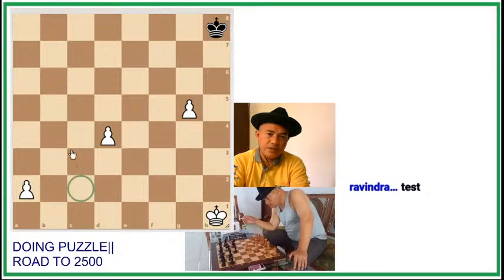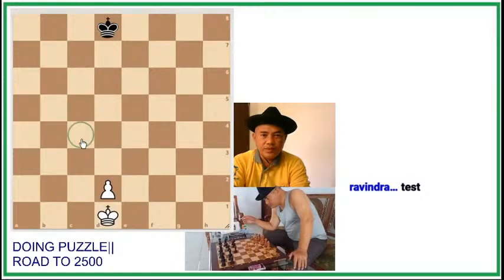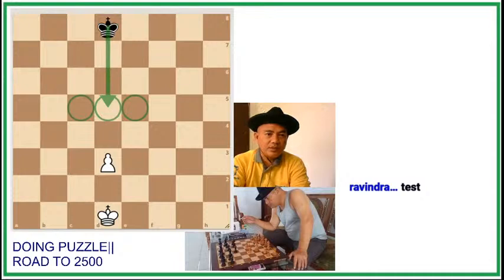When the pawn is here, the key square is here. When it moves here, the key square is here. This is a white win because the key square is nearer to the white king. And this is a draw position because the key square is nearer to the black king.